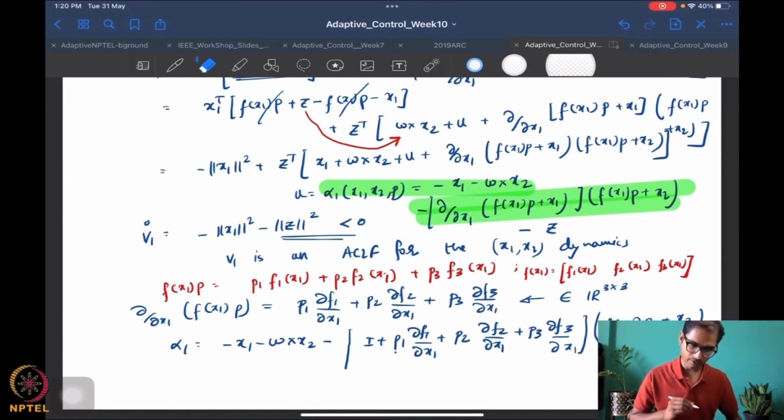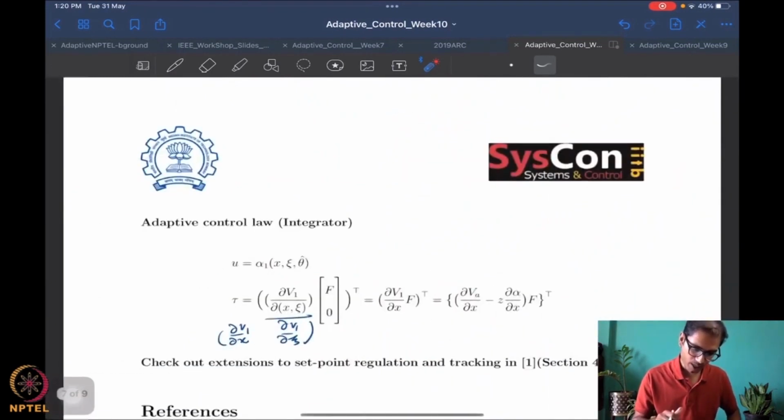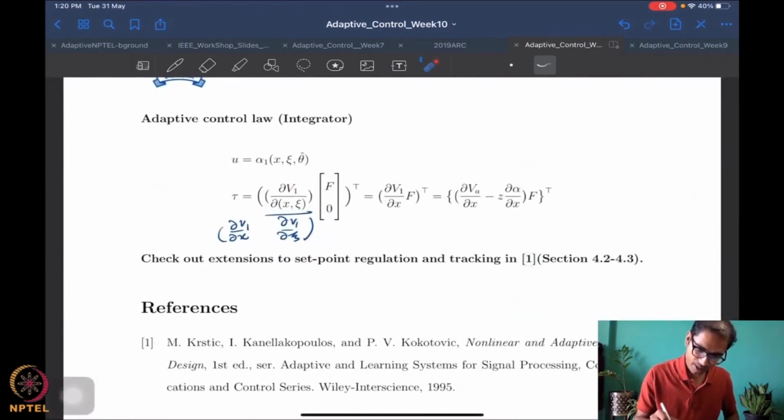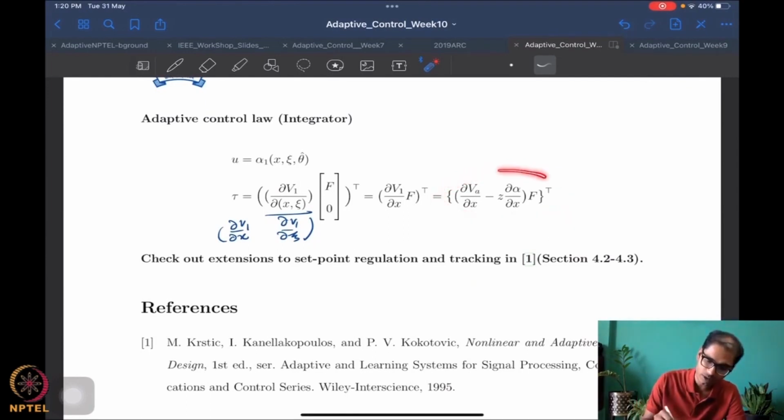This is in fact the alpha 1, and we have our v dot like we desire, which is an ACLF. And now that we have an ACLF, the expression for the tau is this guy, right? So I just have to compute this, which is now del VA del x.